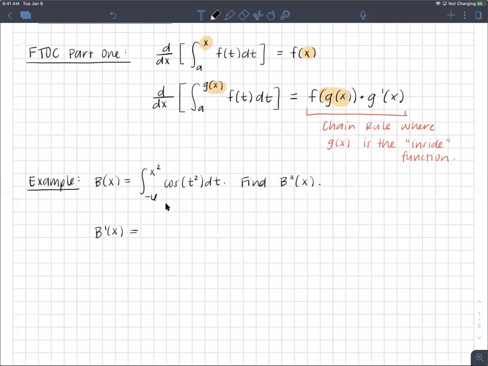So what is my first derivative going to be here? I know I'm definitely going to have cosine, but what goes inside cosine now?